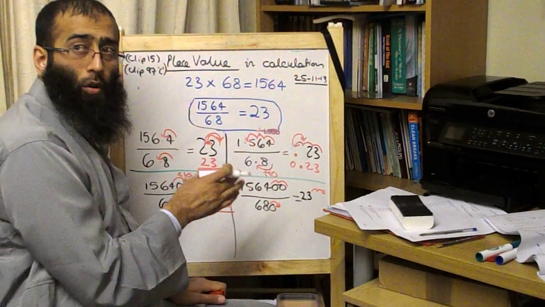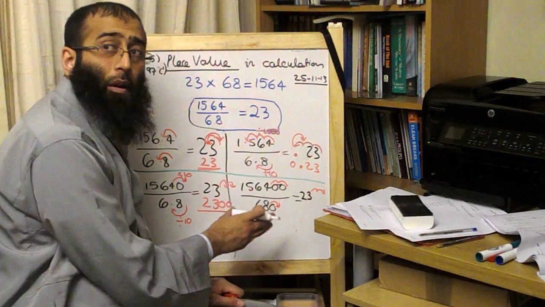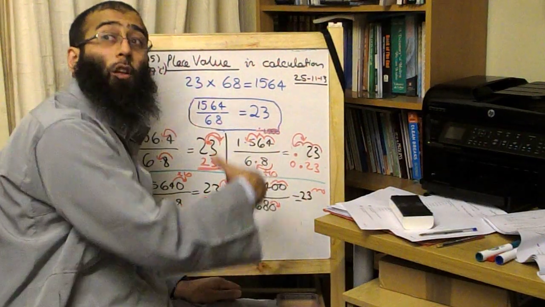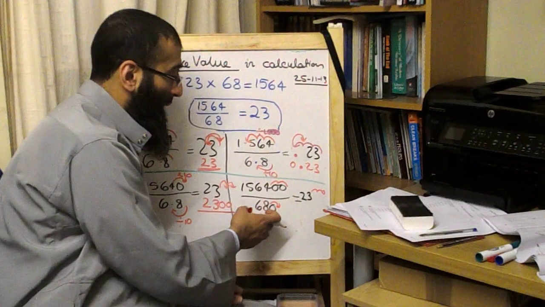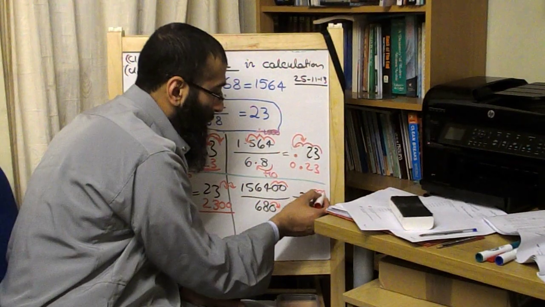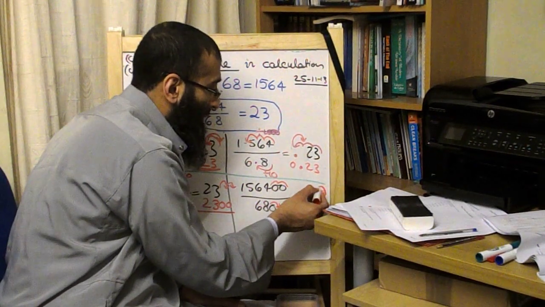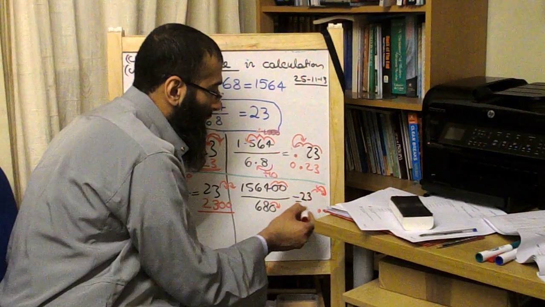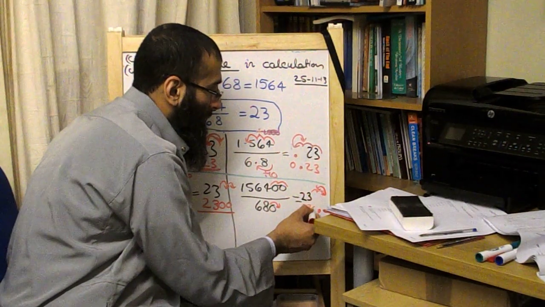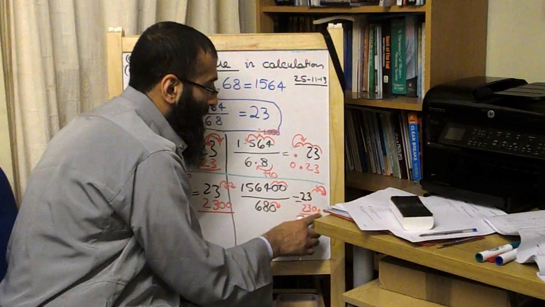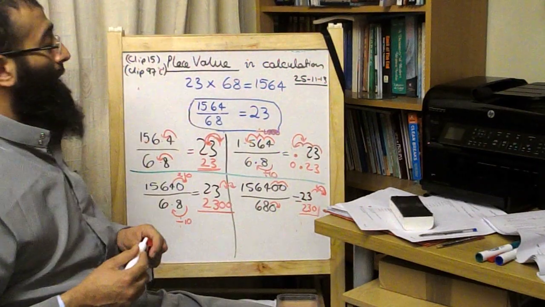But we said before, the number you're dividing by causes the opposite effect. As it gets bigger, the answer won't get bigger, it'll get smaller. So we've got to move the decimal point back by one place. So the final answer is 230.